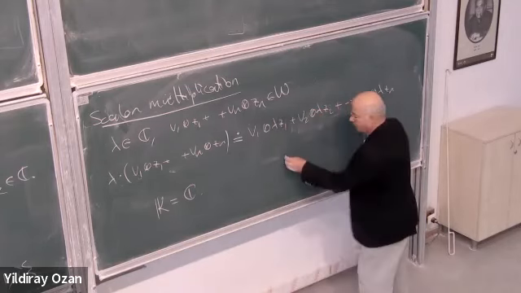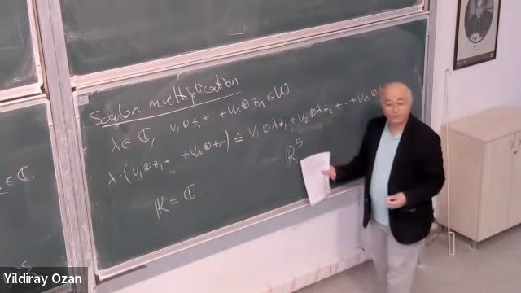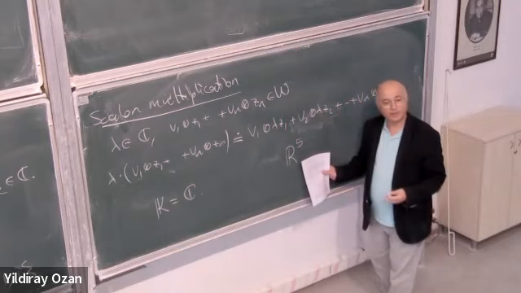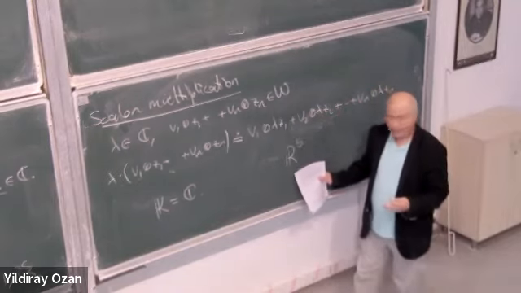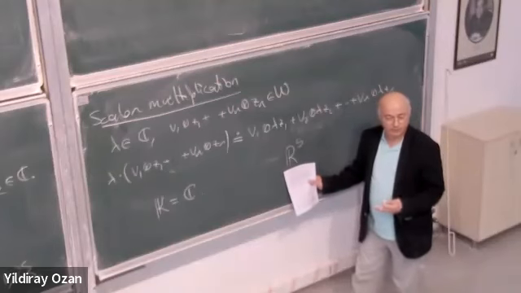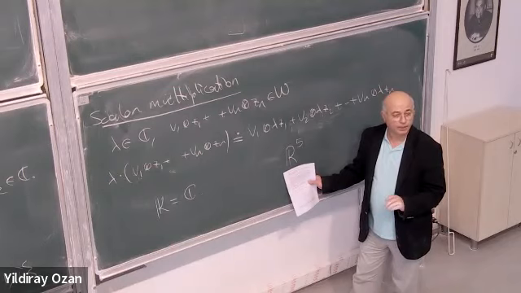Think of R5. Is this a complex vector space? No, because we don't know how to multiply these vectors with complex numbers, right?